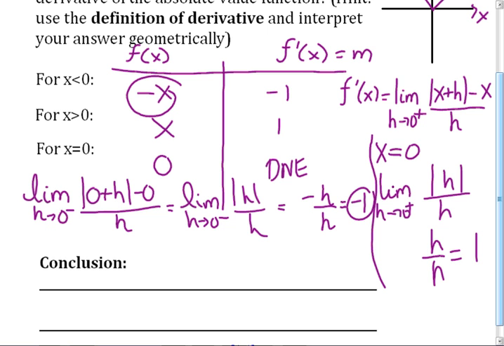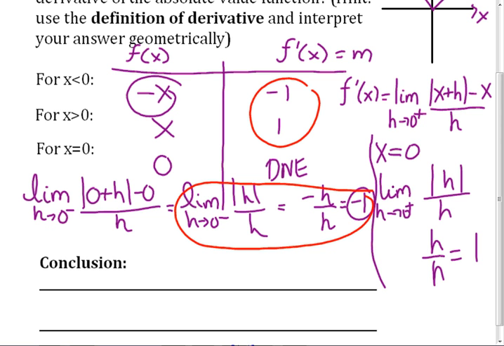Okay? But the reason why I wanted you to do this is because, remember, a derivative is a limit, right? You don't see the limit when I do this part right here, but if I write it this way, the limit from the left is negative 1, the limit from the right is positive 1. What's true about the limit at 0?